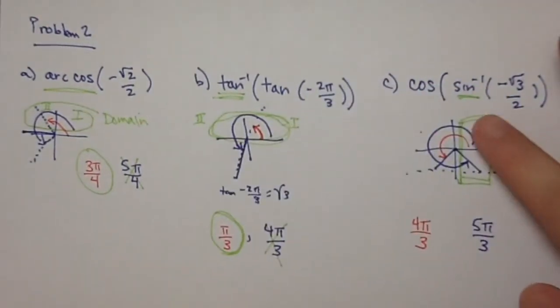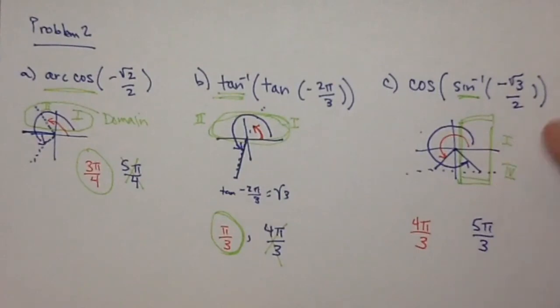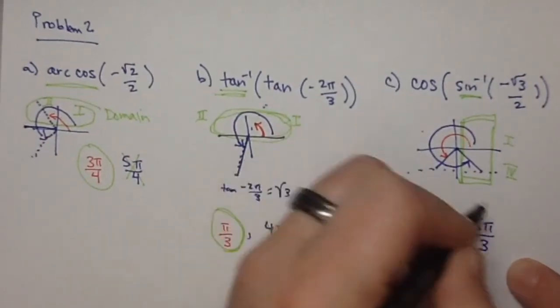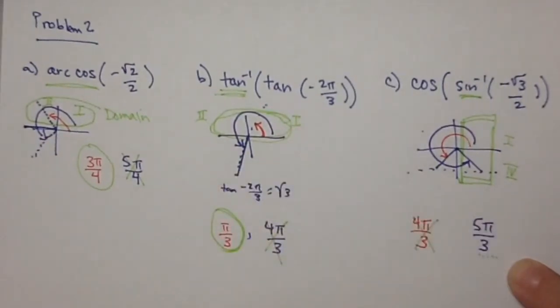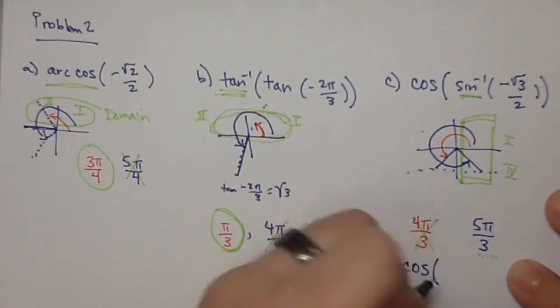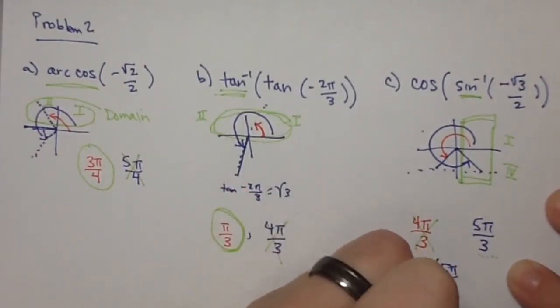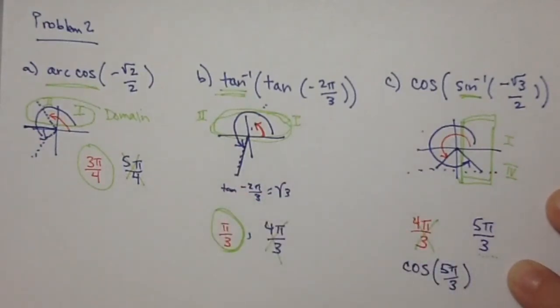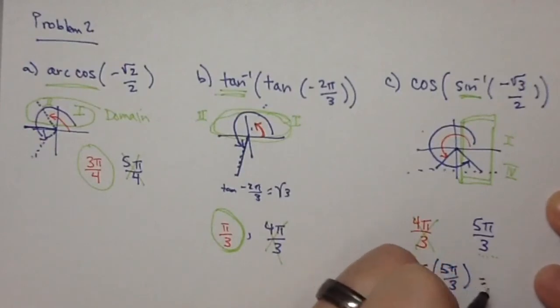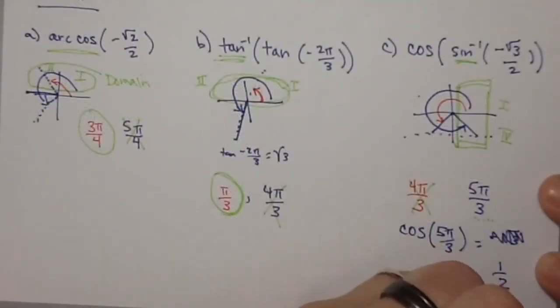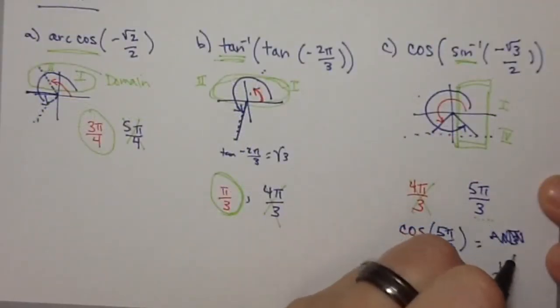So the inverse sine of negative square root 3 over 2 must be this 5 pi over 3. So not that one, but this one. But we're not done. They ask us to find the cosine of 5 pi over 3. So again, you look at your unit circle, and the cosine of 5 pi over 3 is 1/2. And so that is our answer.